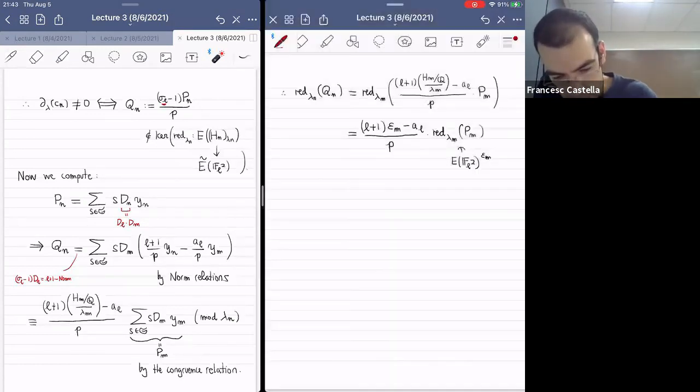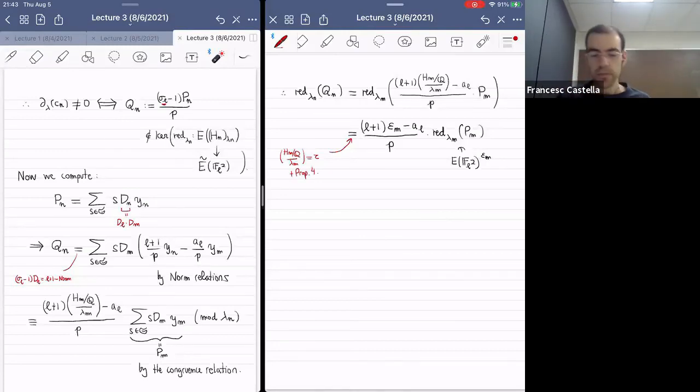Okay, so what we are using here is just that H_m over Q lambda m is tau by our definition of Kolyvagin primes, and proposition 3 or 4. Okay, so now we're done really, because we want to know when this goes to 0.